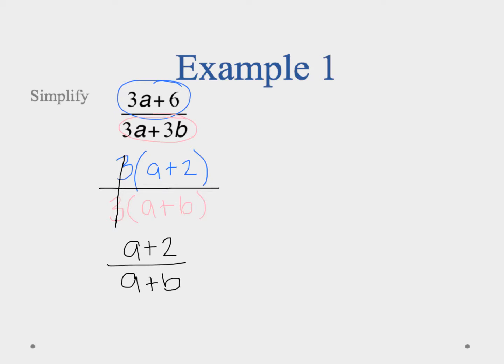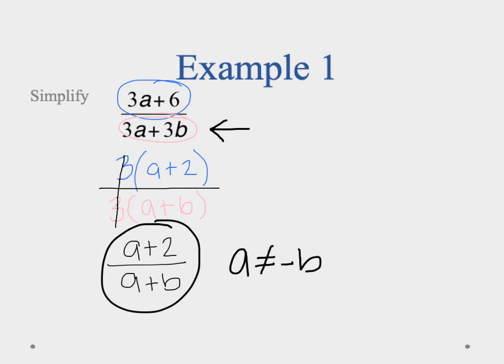So now I need to find out when this is not true. So I'm going to look back here, and I get 3a plus 3b. This works as long as a does not equal negative b.